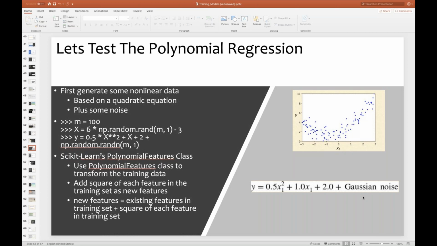Now, the new features equal the existing features in the training set plus the square of each feature in the training set. So that's nothing but 2, 3, 4. 2 squared is 4, 3 squared is 9, 4 squared is 16. So this is how it internally, under the hood, performs a mathematical calculation and gives you the result.